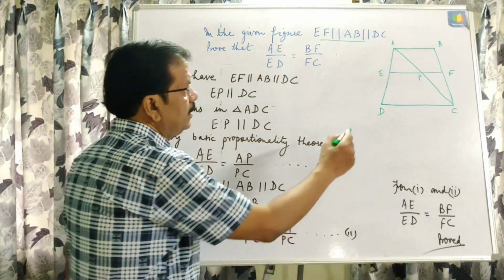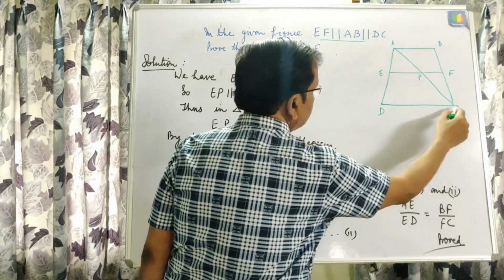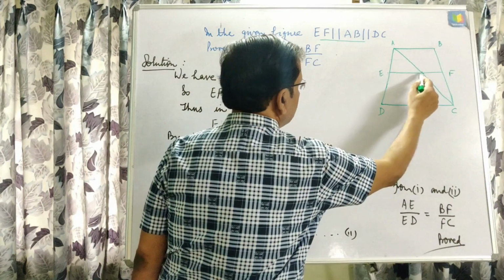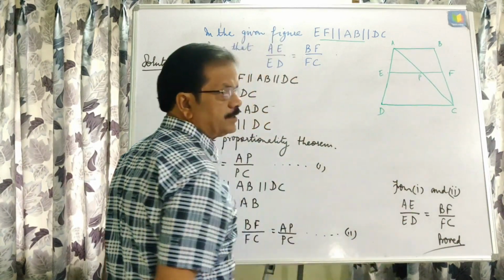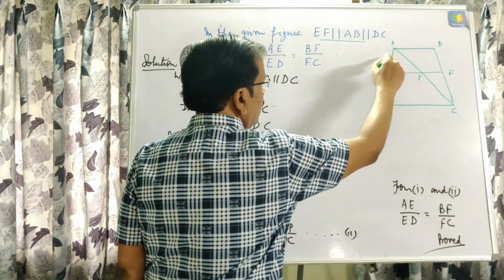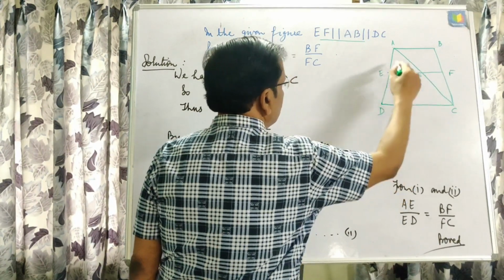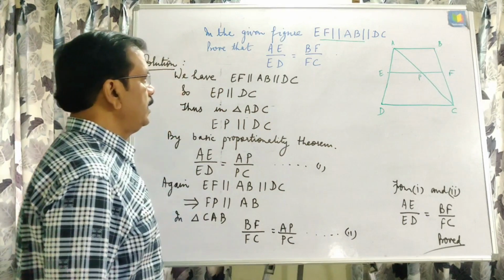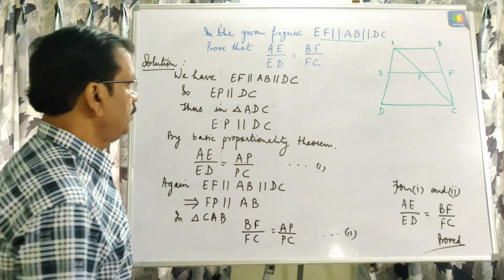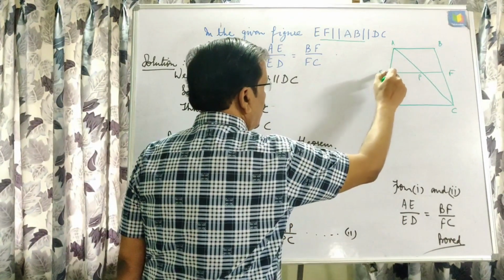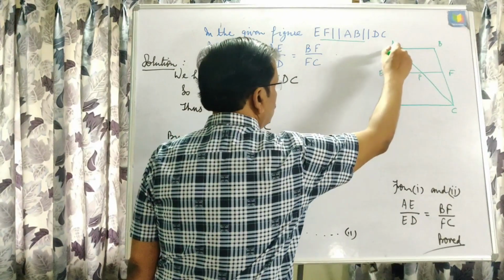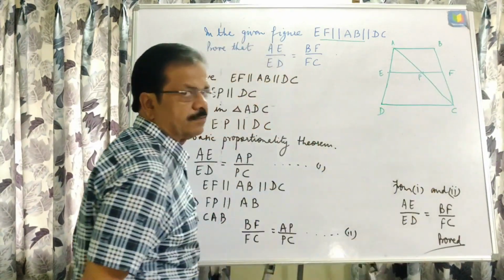Since we are given EF is parallel to DC, it means EP is parallel to DC. So in this triangle ADC, this line is parallel to DC. So we can easily apply the basic proportionality theorem, that is AE upon ED is equal to AP upon PC.